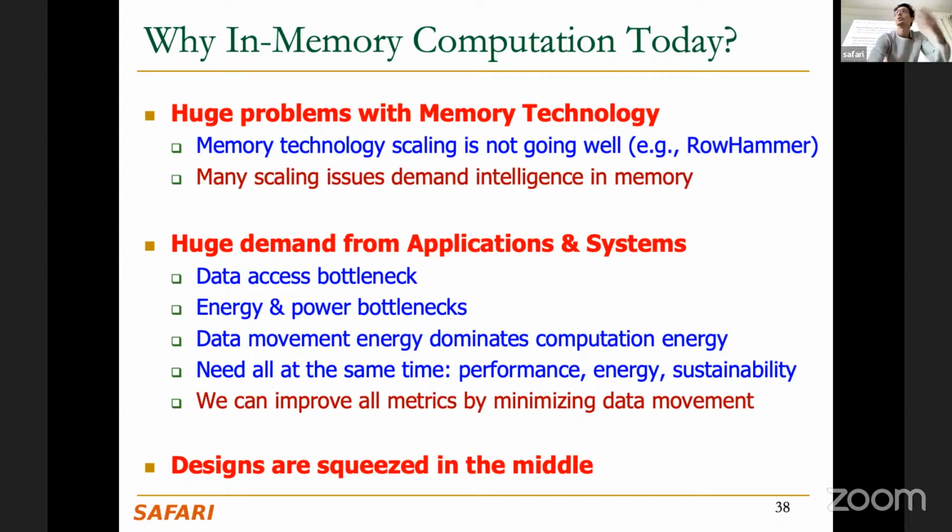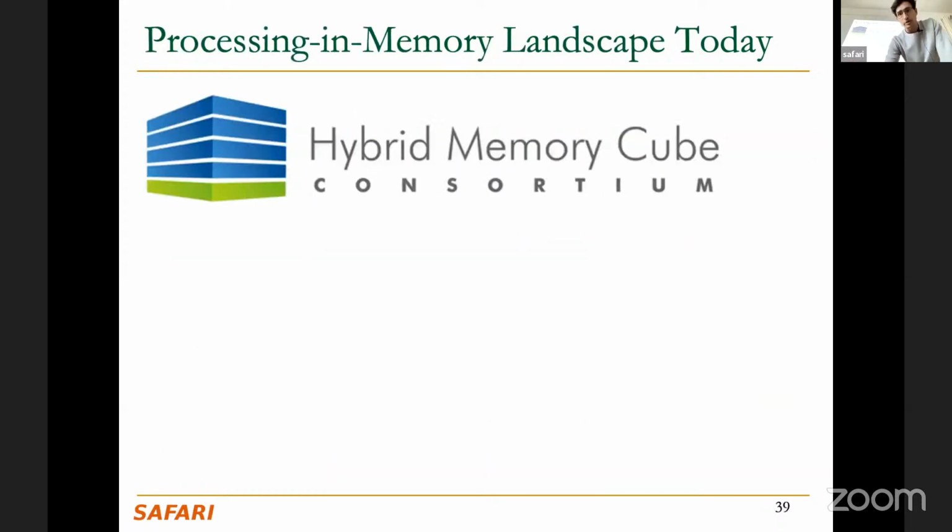So we need to come up with intelligent designs that can figure out solutions for the memory technology challenges, and at the same time, they require tailored solutions for the modern applications. And all of this is possible because there are more and more innovations happening in the field of memory design and fabrication.